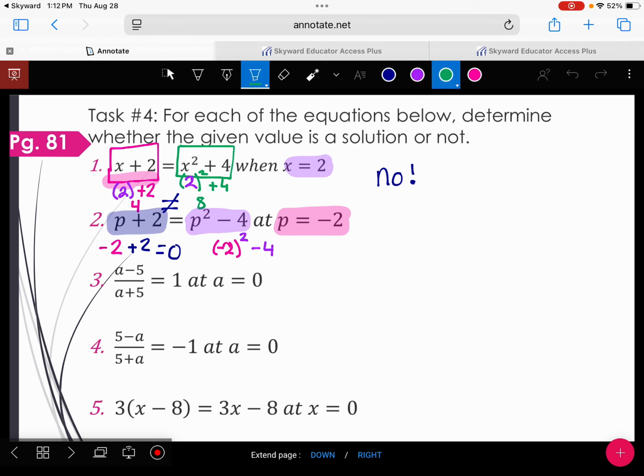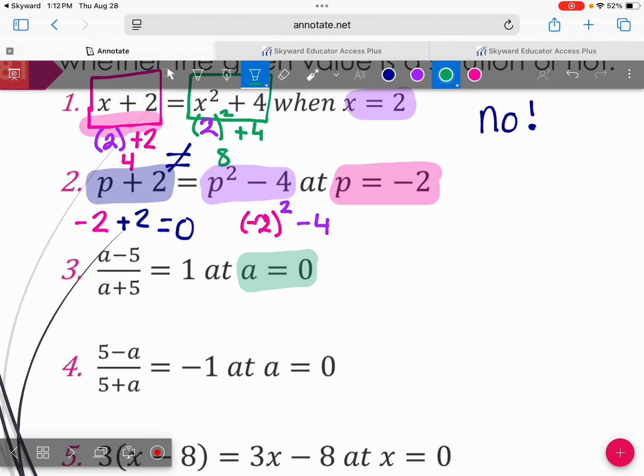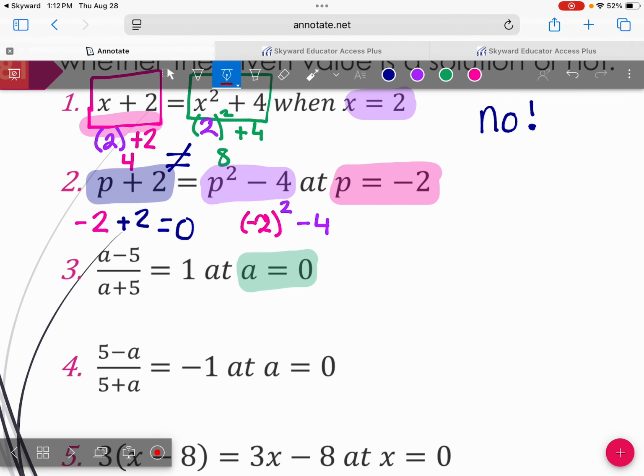We've got our a equals 0 is the one we're going to test. We want to know if this mess of a fraction, a minus 5 over a plus 5, is going to equal 1. I'll write it over here because all my stuff's getting really smushed together.